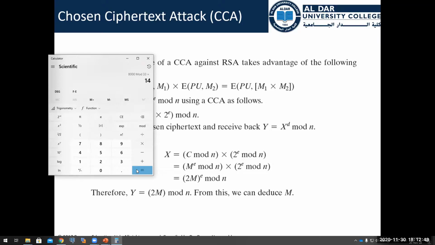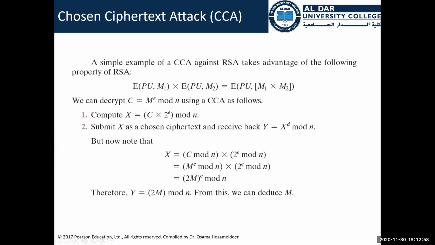Now I can see that 14, this one is m to the power d, which is the private key. Now, yes, this is okay. Let me share again my camera to see here.